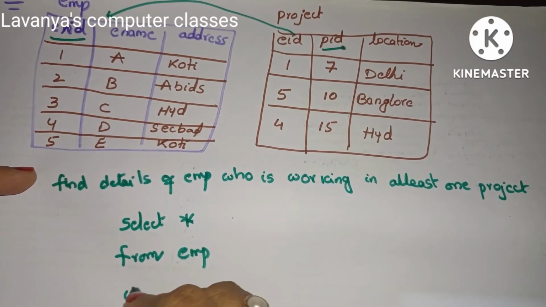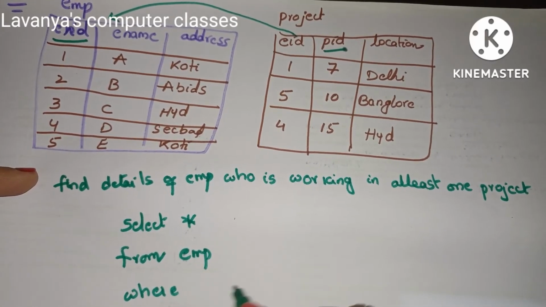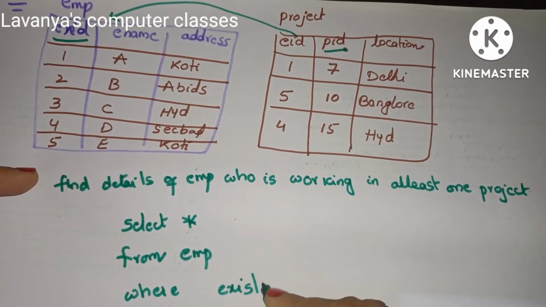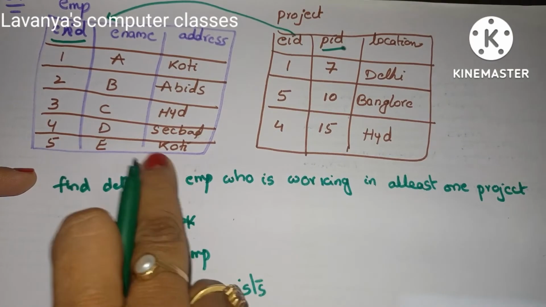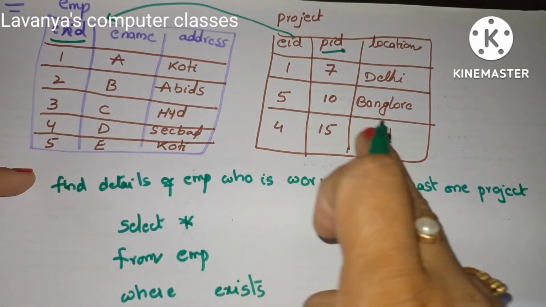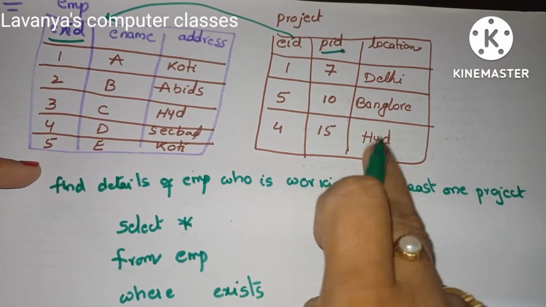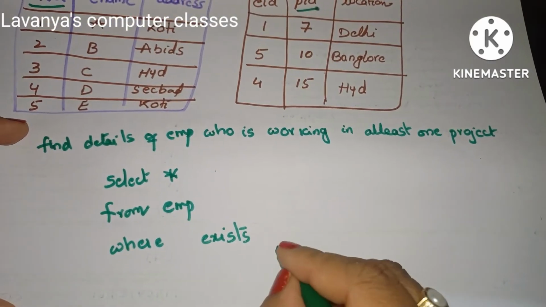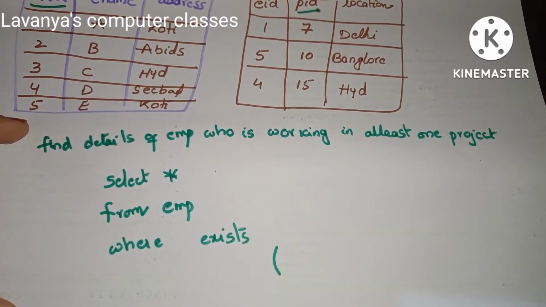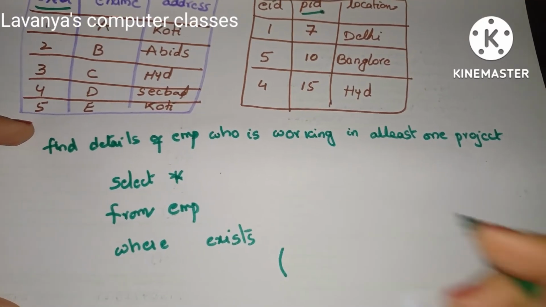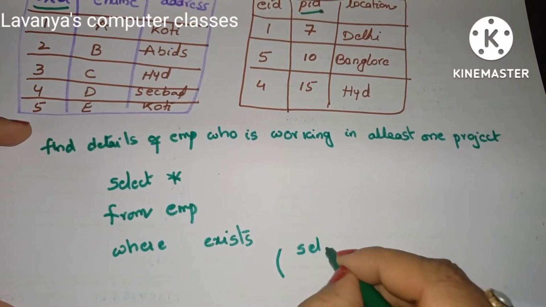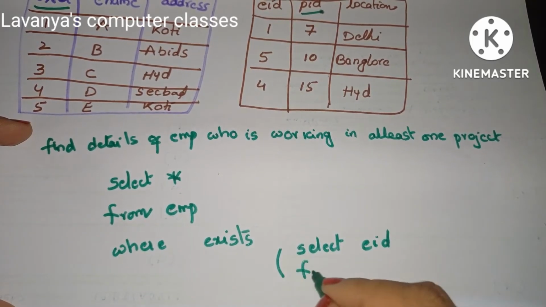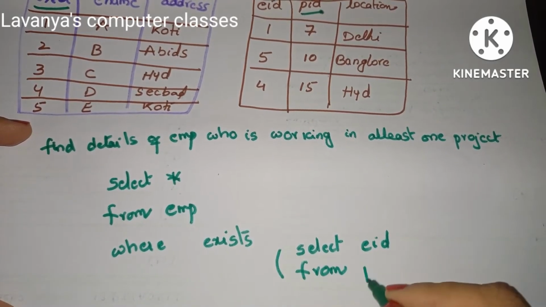Here, where exists, because we check whether this employee's information is available in the project ID, whether he is working in any project or not. That's why we write exists. From here I start our subquery. What is the subquery? Here also the same thing: select employee ID from which table?